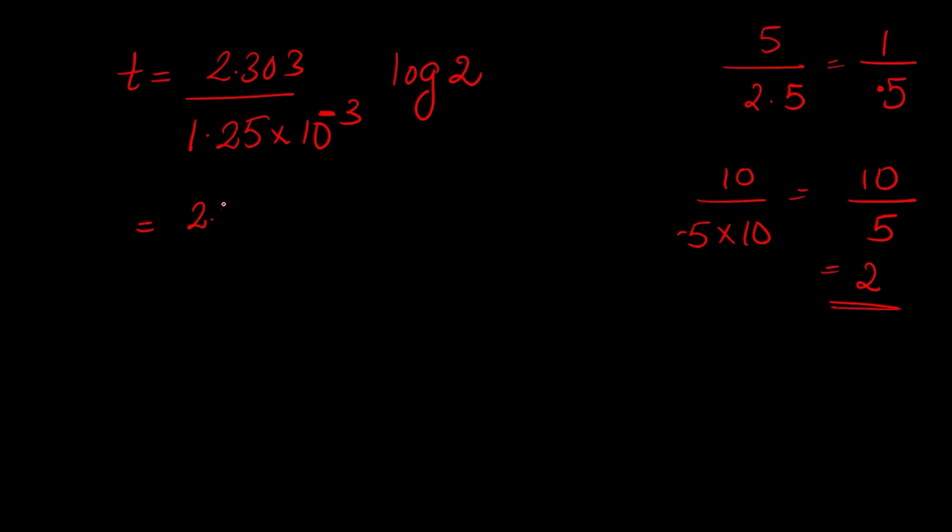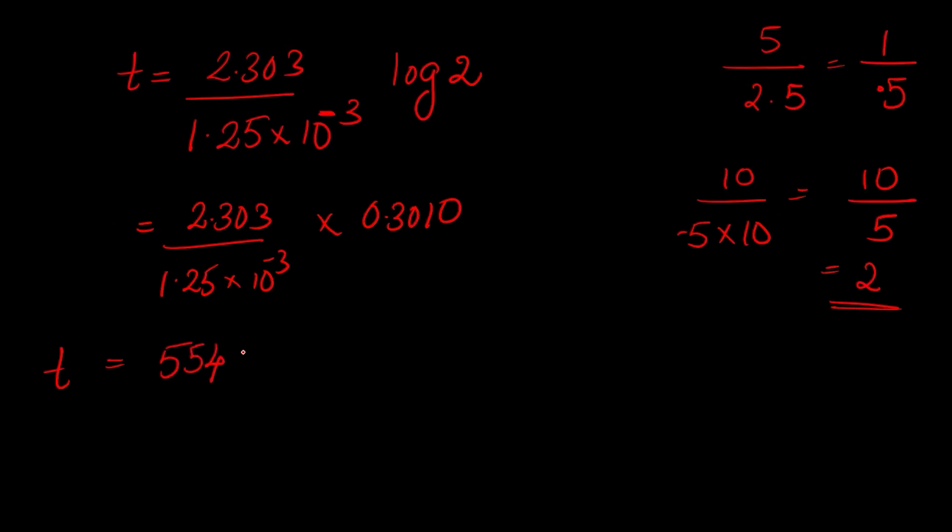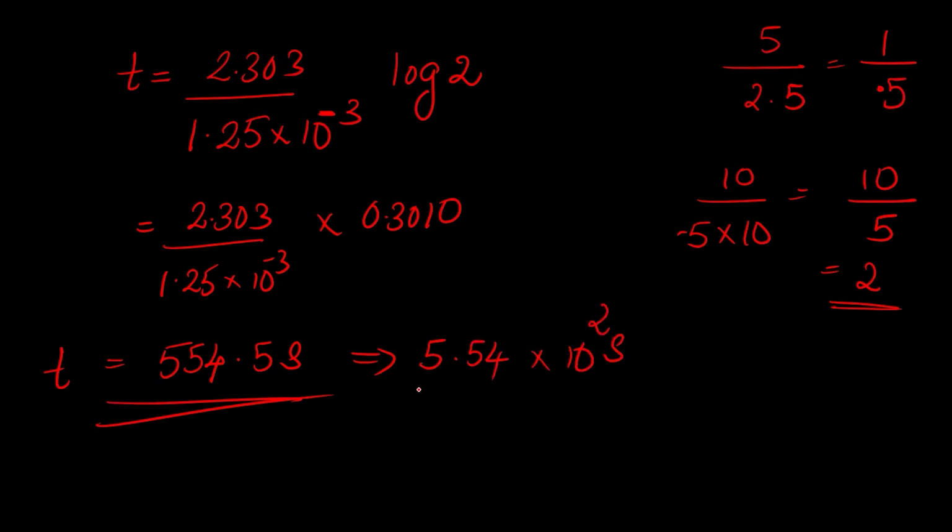So the answer will be 2.303 by 1.25 times 10 to the power minus 3 times 0.3010. So after calculation, you'll be getting the time as 554.5 seconds, or you can write 5.54 times 10 to the power 2 seconds.